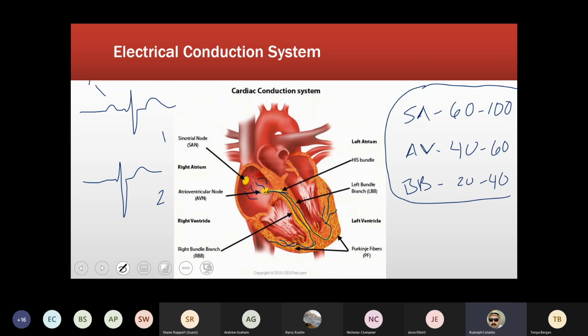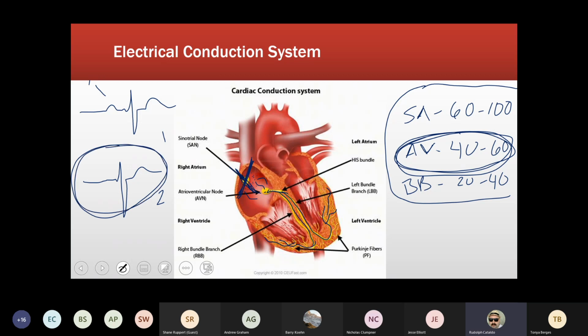So, God forbid, my SA node here, I put an X on it, my SA node fails. I will then resort to my AV node taking over. And my AV node is going to fire at 40 to 60 beats per minute. And I will have this without a P wave because the sinoatrial node is not working.